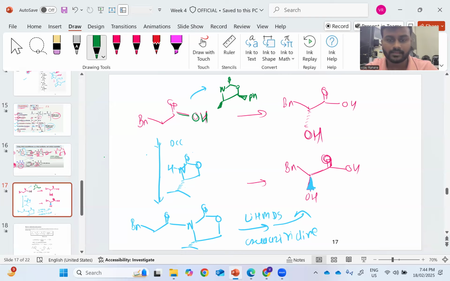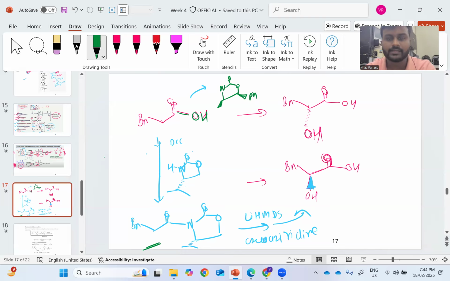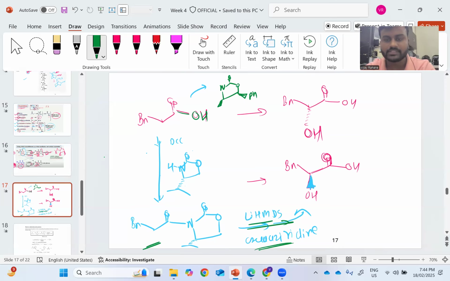So as mentioned, this type of intermediate, which is then treated with LiHMDS and oxaziridine, gives the alpha directing hydroxy group. So here we can take advantage of the chiral auxiliary as well as the oxaziridine electrophilic oxygen donating reagent to get selectively either the alpha directing or the beta directing hydroxy acids.